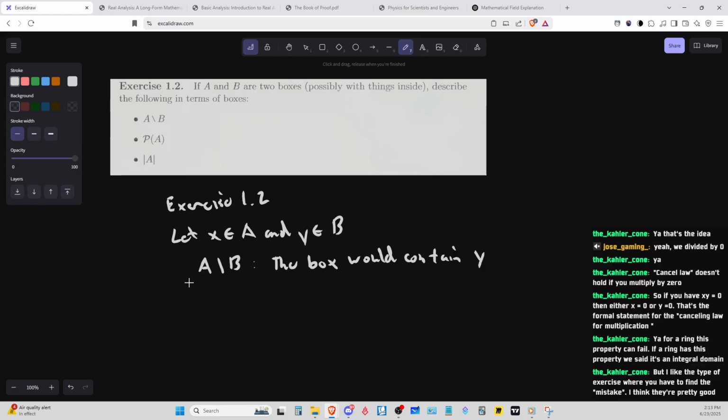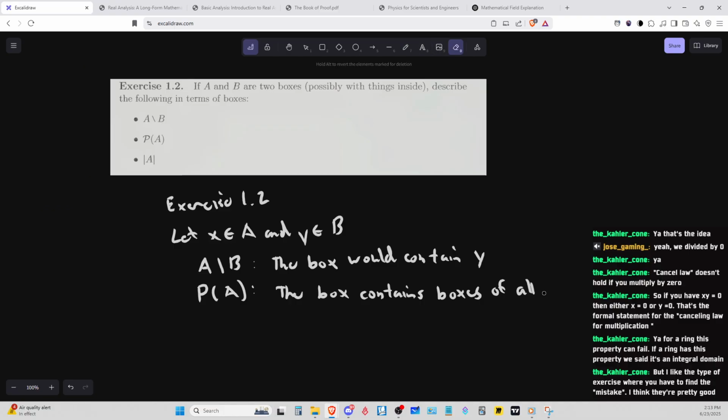And I know this is a power set, so P(A), the box contains little boxes of all... Well, that probably is not a great way to define it.